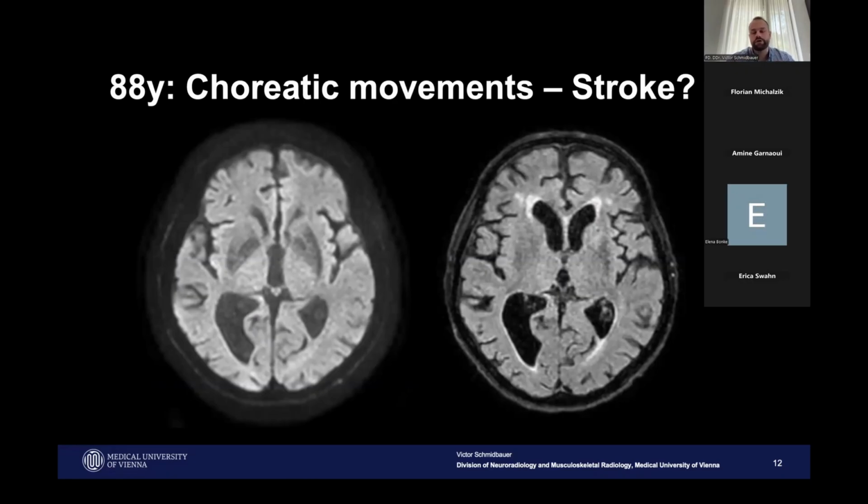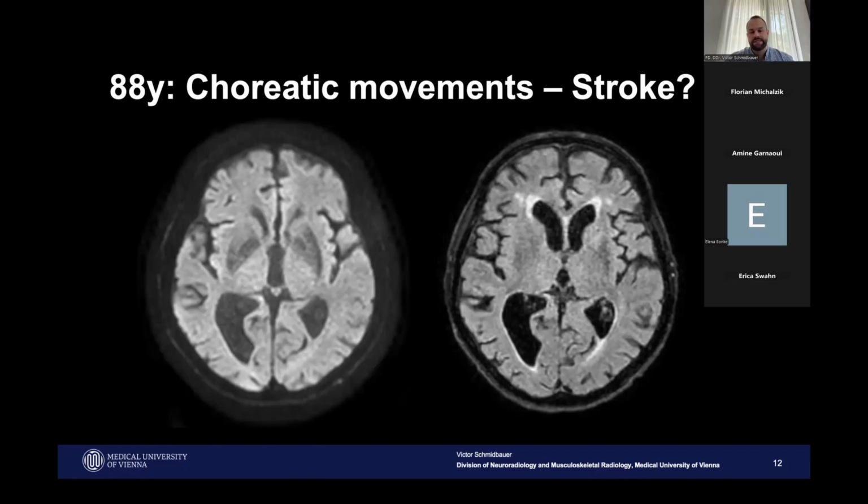The neurologists suspected some minor stroke within the circuit of the basal ganglia that may cause these movements. In this special case, it's important to mention this patient had already received CCT and CT angiography, and we performed MRI to detect whether there is a minor stroke.